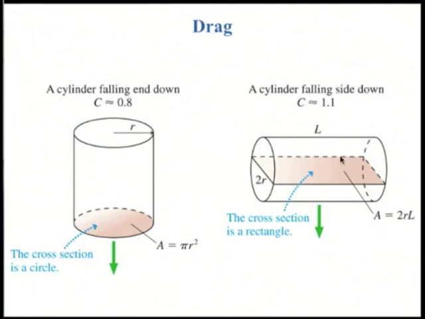If a cylinder is falling side down, then the cross-section area is that of a rectangle, 2 times r, the radius, times L, the length of the cylinder. A cylinder falling this way has a greater drag coefficient, measured experimentally to be 1.1.